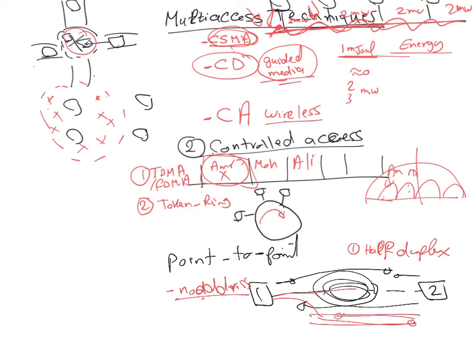The only way I can do that is again by dividing this line into 2 time slots. One time slot for 1 to send to 2, the other for 2 to send to 1. It's the same street, but it has to be used in each direction at a time.